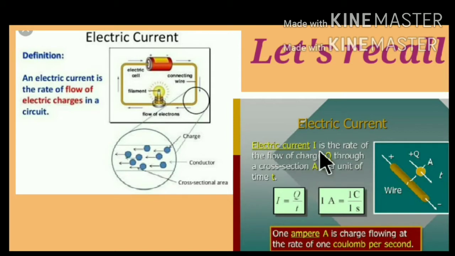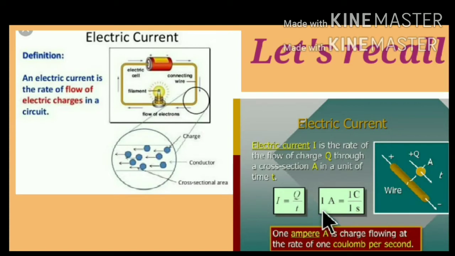Electric current I is the rate of flow of charge Q through a cross section A in unit time T. Hence the current denoted by I is equal to Q by T.